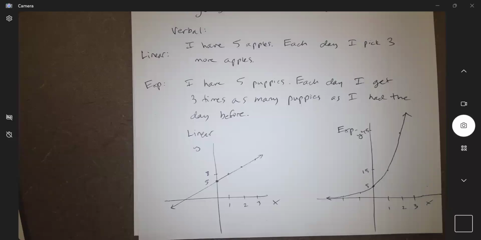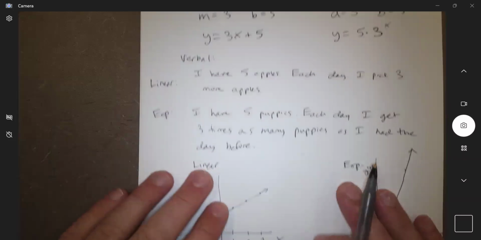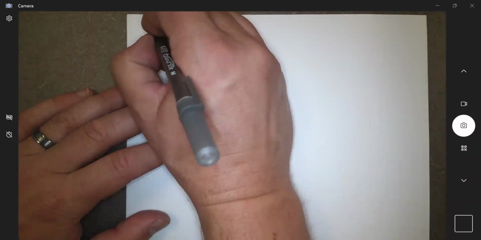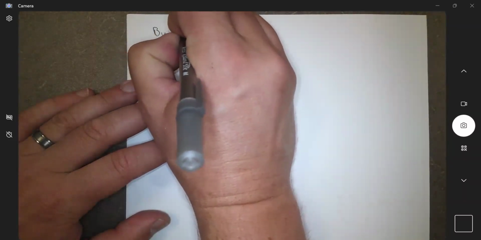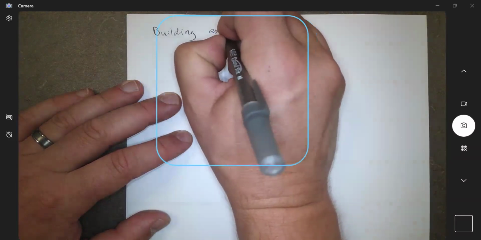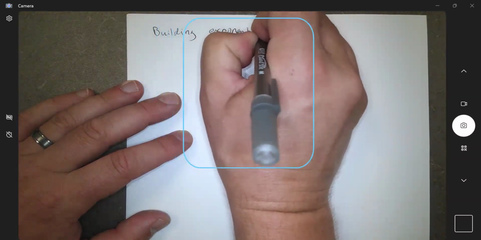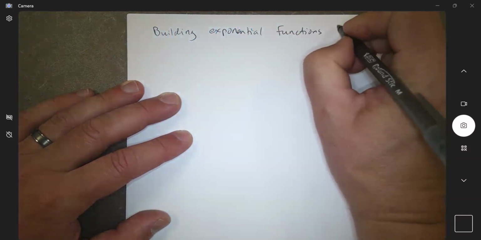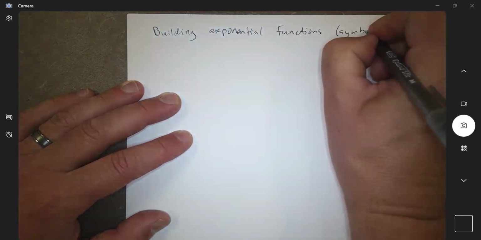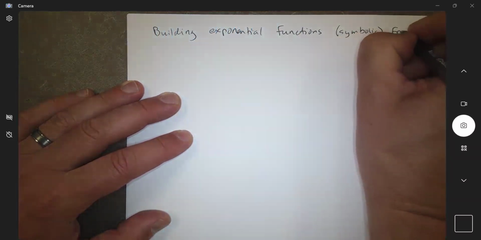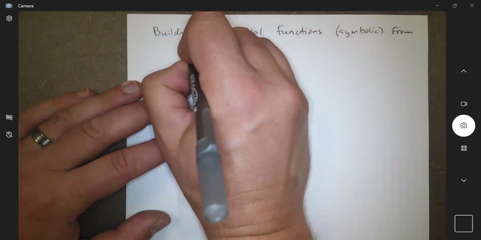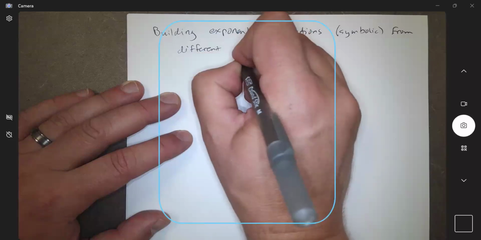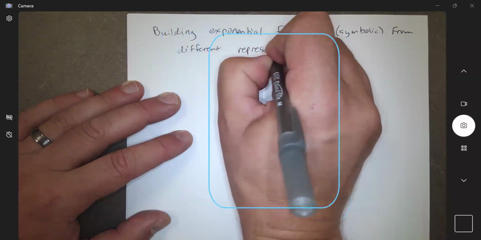All right, two more ideas. Building exponential functions, the symbolic usually from different representations.